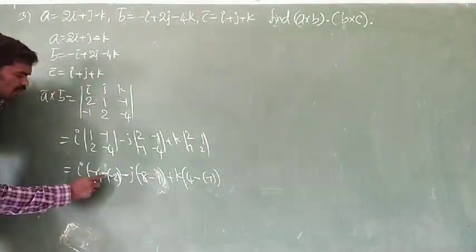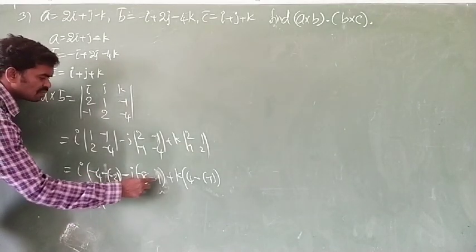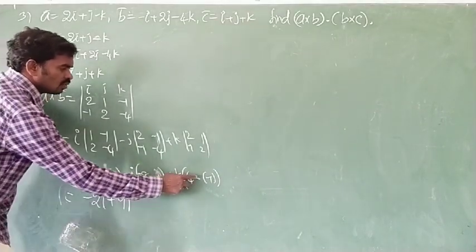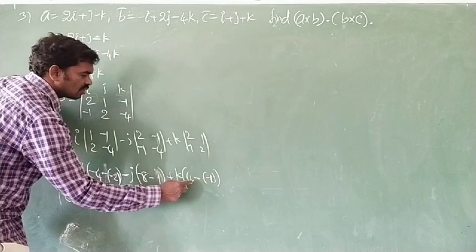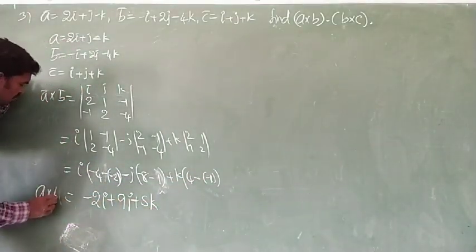So i into (minus 4 plus 2) is minus 2i, minus j into (minus 8 minus 1) is plus 9j, plus k into (4 plus 1) is 5k. So this is A cross B.